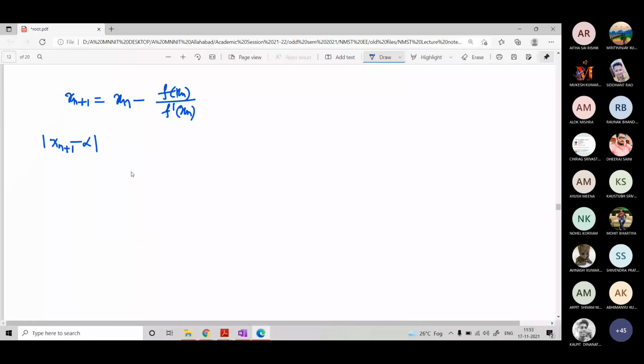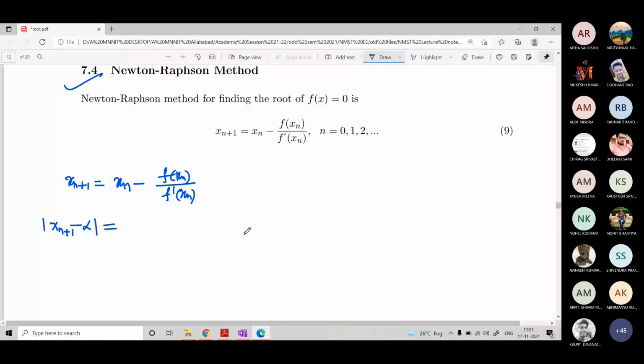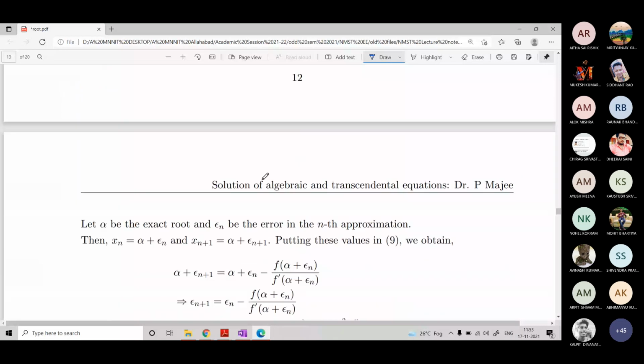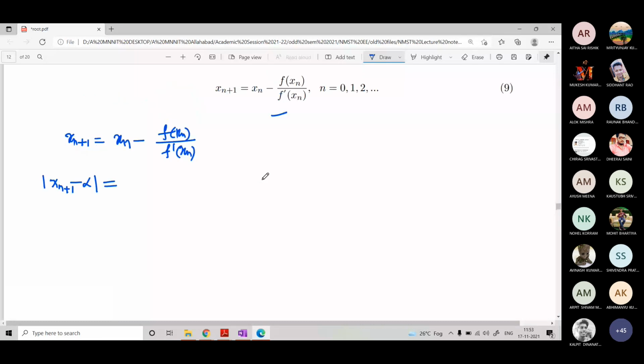Isn't it? Yes, sir. Okay. So this is the formula which we have written. Now let's see what we are doing. So we have the error epsilon n, what is that?